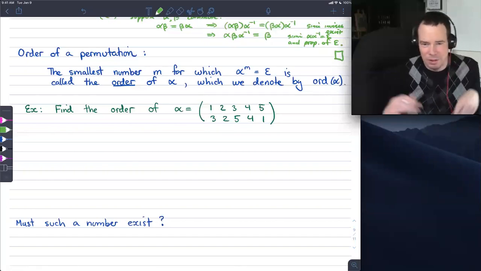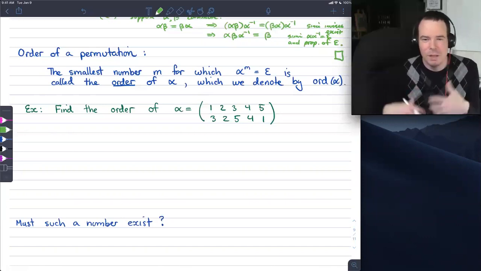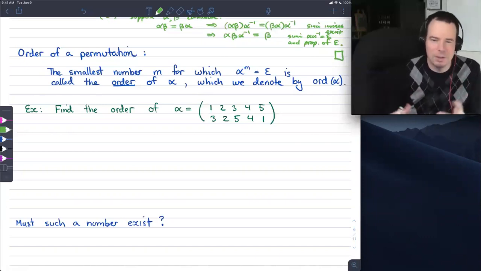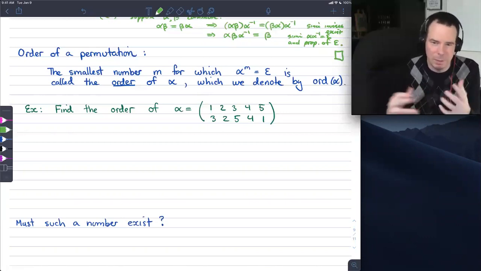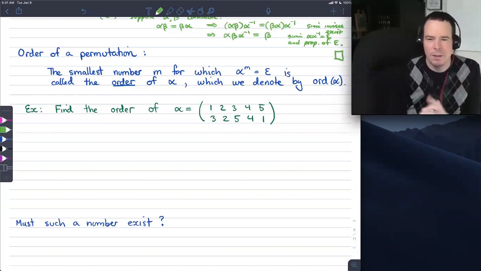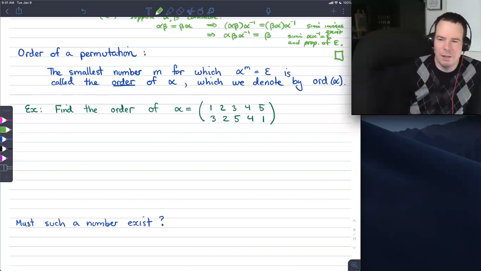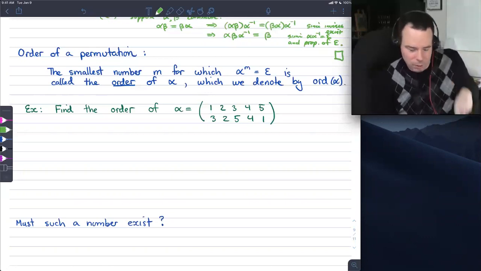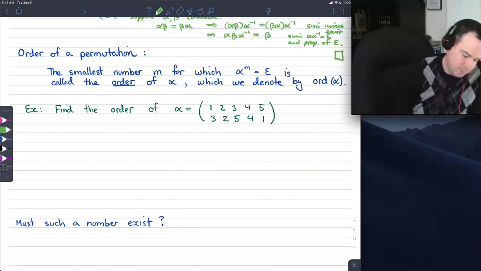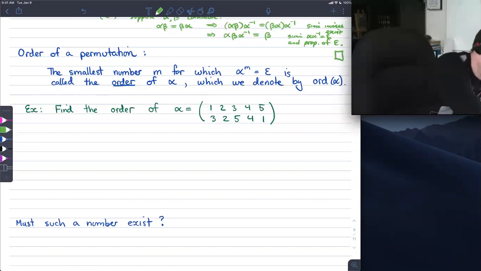So the permutation is mixing stuff up, and if you keep applying it to itself over and over again, you mix them up again, and again, then the permutation is effectively dead when it's restored everything back to its original spot. And so I want to know what's the smallest value. So for example, in this case, what's the order of this permutation?